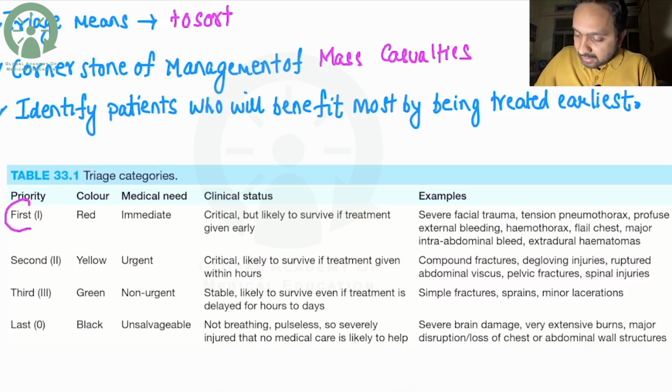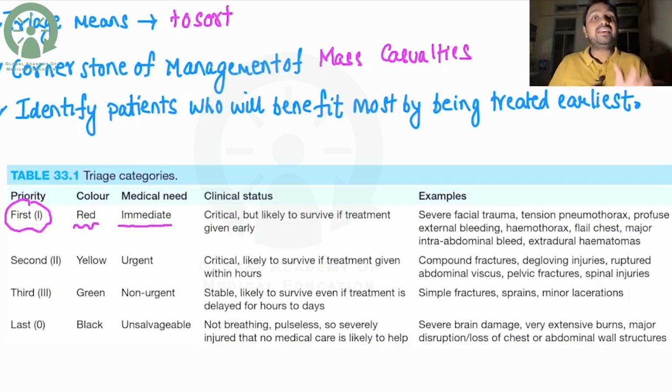The first category, you have your red color. Now, what does red mean? It means you have your immediate medical need. So the clinical status of such patient is critical, but they would survive if your treatment is given early. So what would be your examples? The examples would include severe facial trauma, tension pneumothorax, profuse external bleeding, hemothorax.